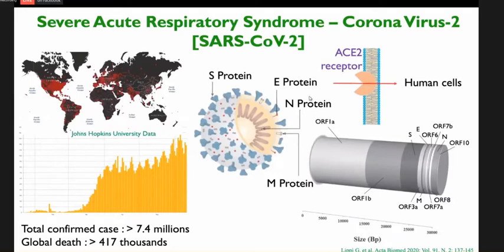In terms of molecular size, the biggest proteins are ORF1A and B, followed by the spike protein.